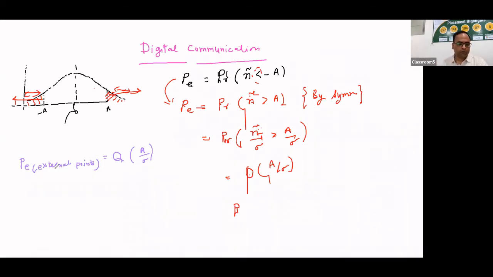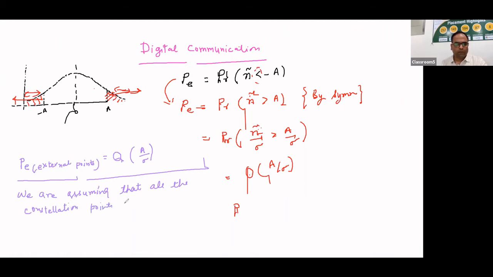So to get the probability of error for PAM, you can write it down, we are assuming that all the constellation points are equiprobable.